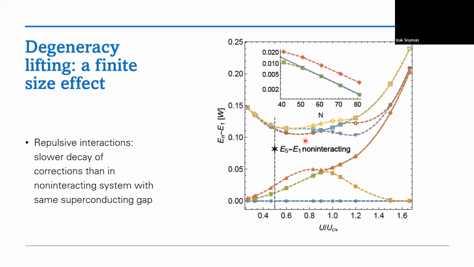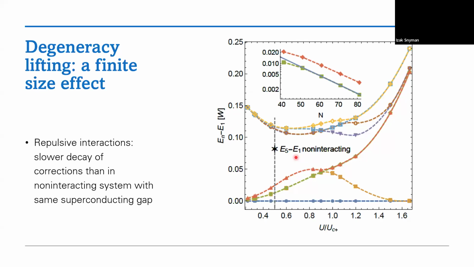Now, the interesting thing is that if you pick an interacting system that has the same actual gap as a non-interacting system, so you have stronger superconducting pairing in the interacting system, but that is degraded by the electron repulsion, and that gives you the same gap as in the non-interacting system with the weaker superconductivity, you still find a larger finite size correction for the same system size than in the non-interacting system.